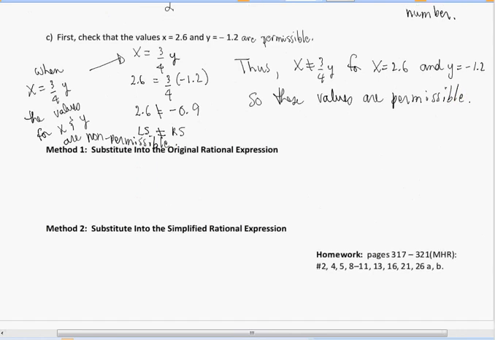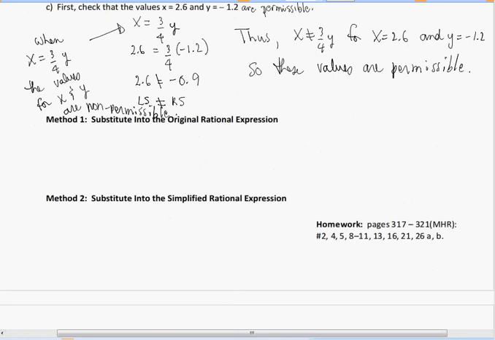Okay, so we are going to do the second part of this third part, which is to show 2 ways to determine an answer. On the first one, we're going to start with the original rational expression, which is 16x squared minus 9y squared over 8x minus 6y. And I'm going to plug in x is 2.6 and y is negative 1.2.